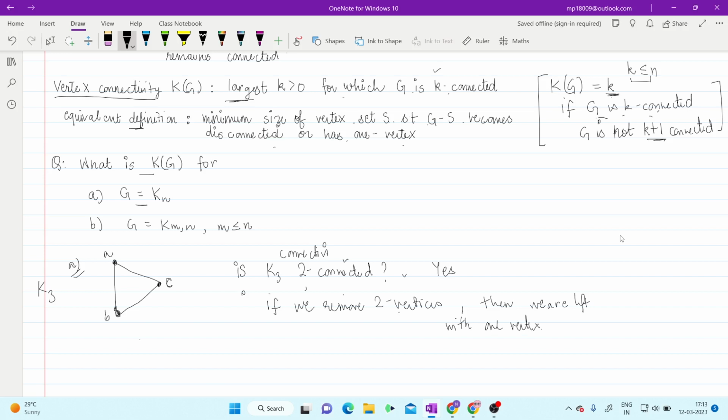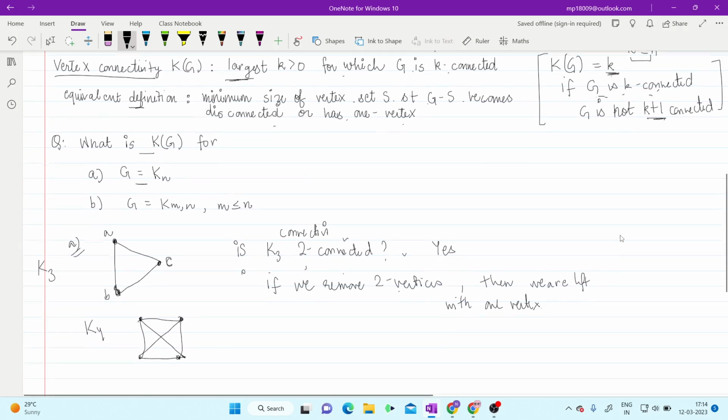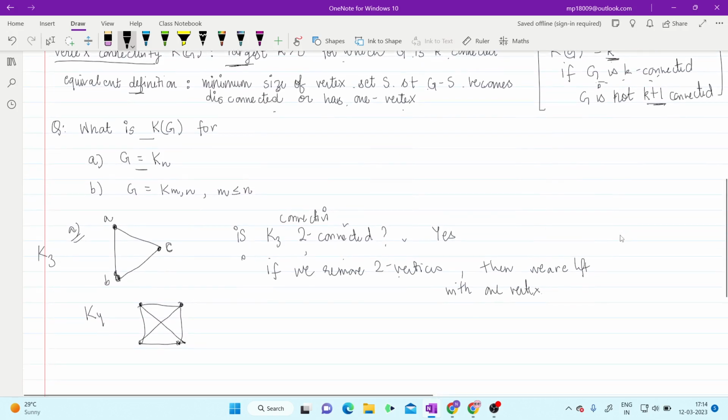Now what about K4? So this is K4. Do you think K4 is 2 connected?